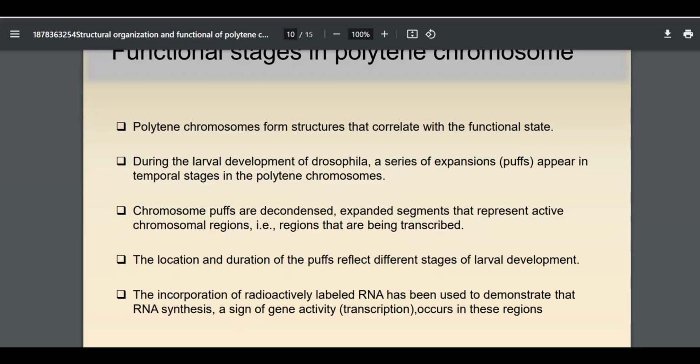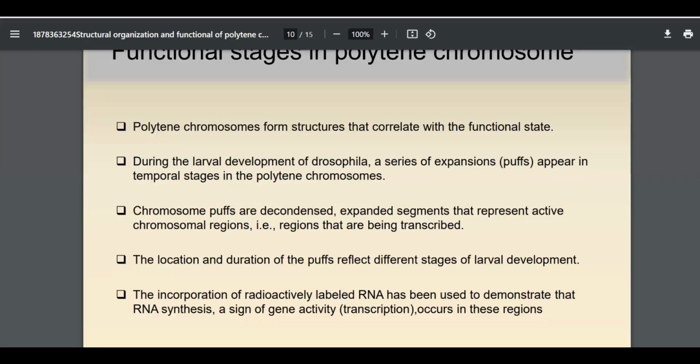So the radio tracer technique, in which labeled bases are incorporated into the RNA of these developing larvae, and then that polytene chromosome is extracted to observe what is happening actually in the puff regions.